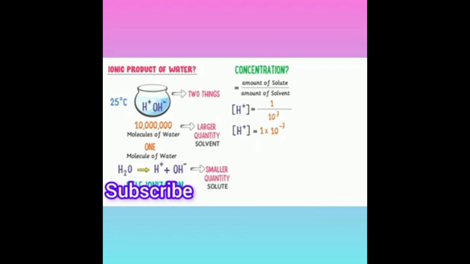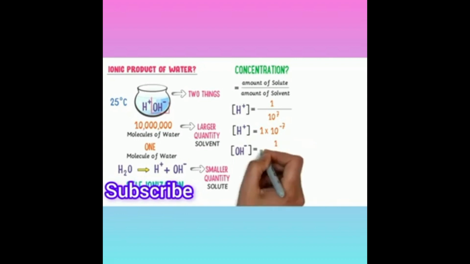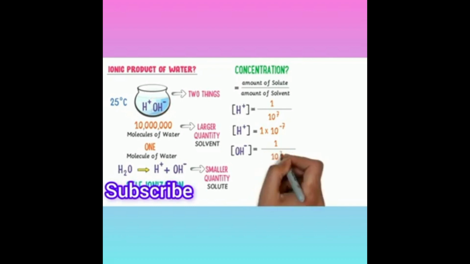Secondly, let me find the hydroxide concentration in the water. We write hydroxide ion concentration is equal to, there is only one hydroxide ion present in 10 million molecules of water. Our hydroxide ion concentration is equal to 1 upon 10 to the power 7. Now I shift 10 to the power 7 from the denominator to the numerator. The sign of 7 becomes negative.